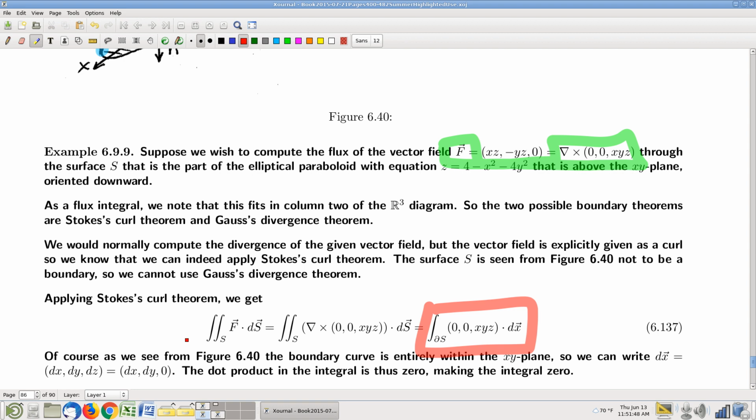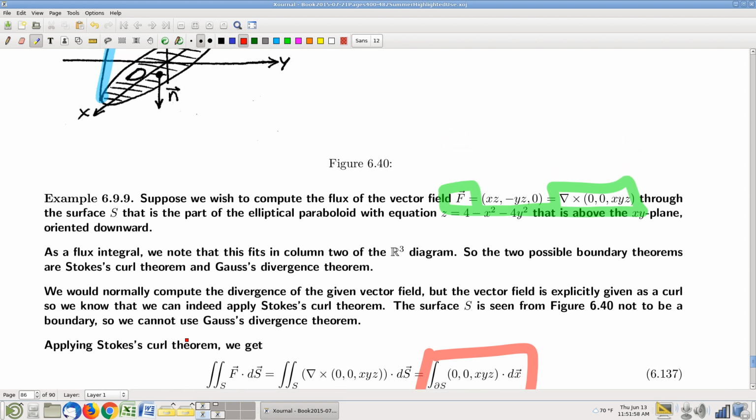By the way, this line integral turns out really nicely. It's a line integral over this curve. That curve, you'll notice, is entirely in the xy plane. That means that everywhere you go around this curve, dz is always 0.